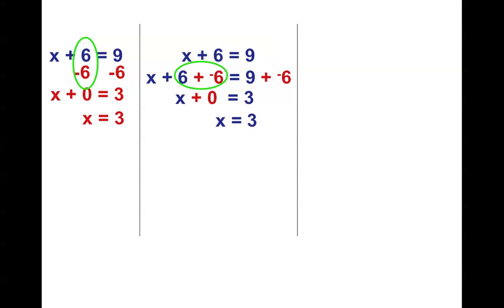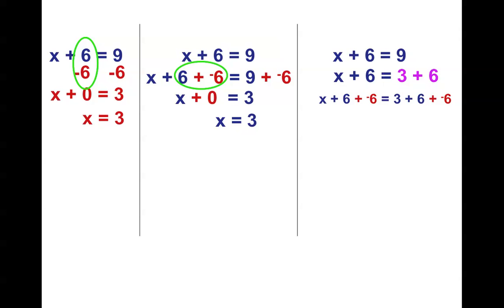Another way you may have seen is people like to do decomposing. So if you break apart the 9 into 3 plus 6, it makes the problem very intuitive because notice, a number I don't know plus 6 equals 3 plus 6. Well, duh, 3 is going to be the number that I don't know. And if I subtract 6 from both sides, I'm just going to have 0 pairs on both sides.